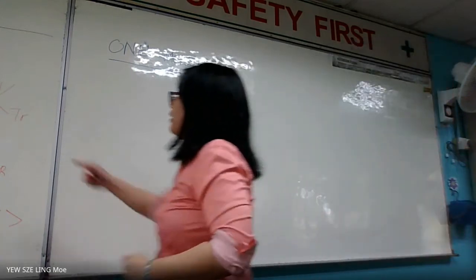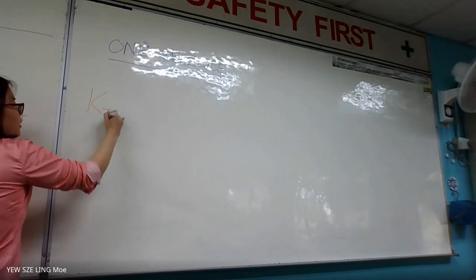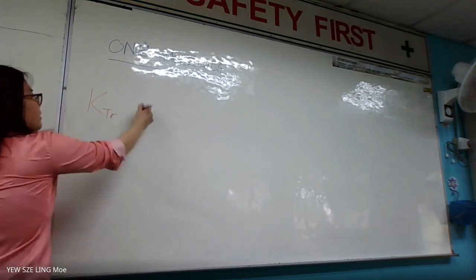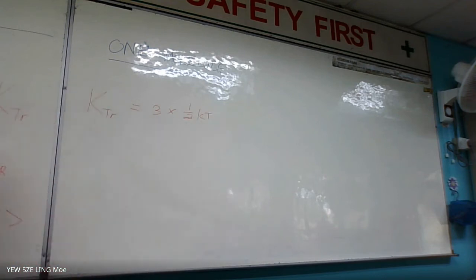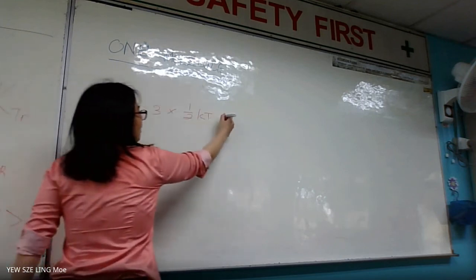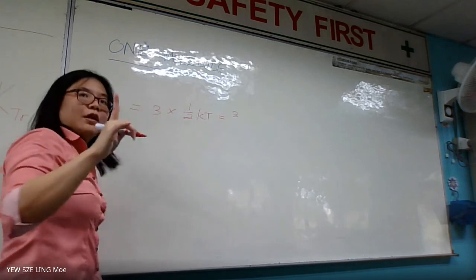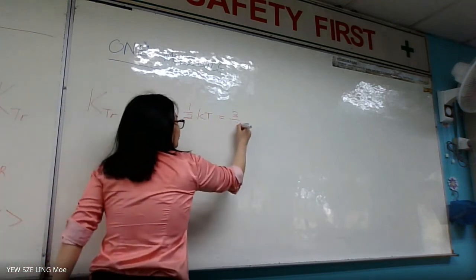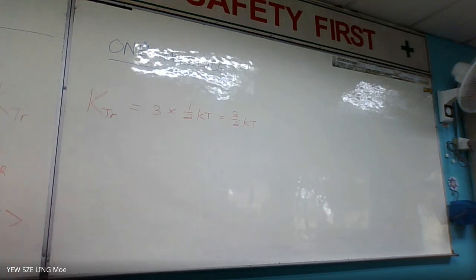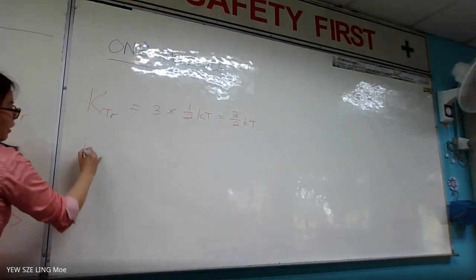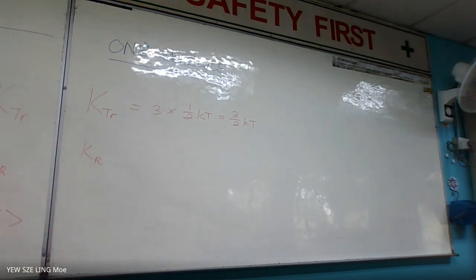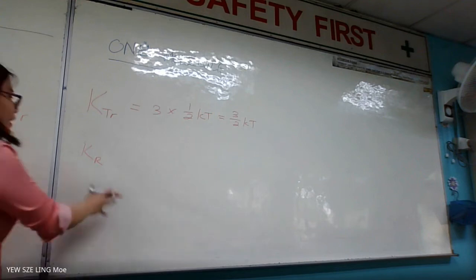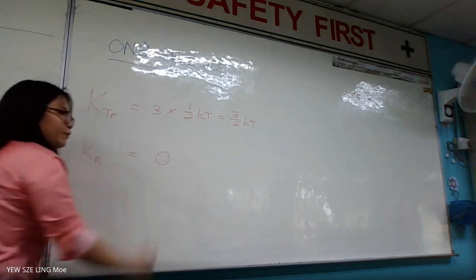So if you want to calculate its translational kinetic energy, KTR, then it is just equal to 3 times 1/2 kT. Why? Because it has 3 degrees of freedom of translational motion. So for 1 molecule, the translational kinetic energy is 3/2 kT, right? And then how about its KR, the rotational kinetic energy? Well, it has 0 degrees of freedom, so the rotational kinetic energy is just equal to 0.